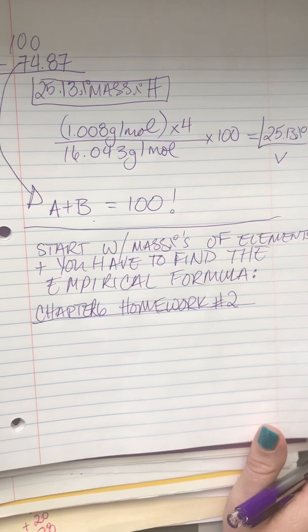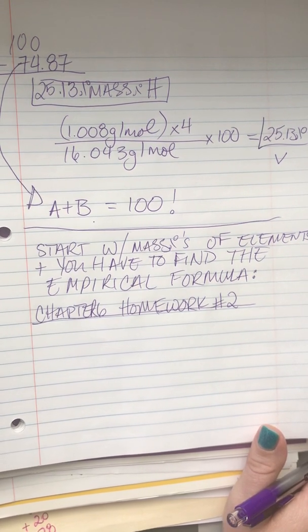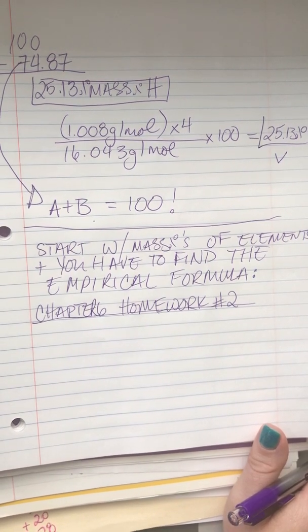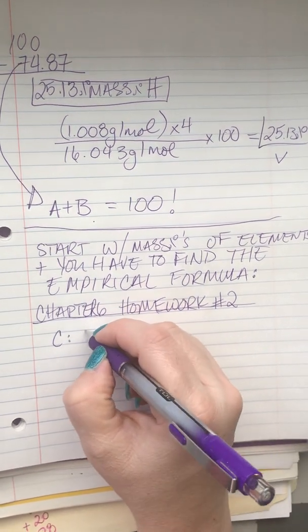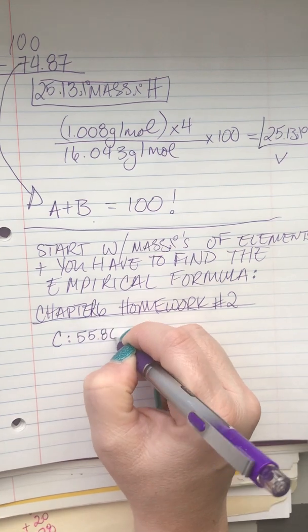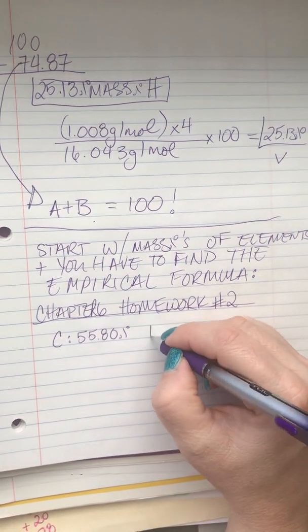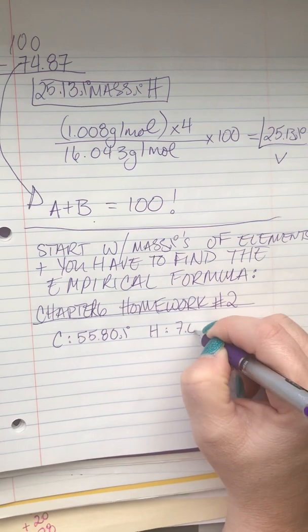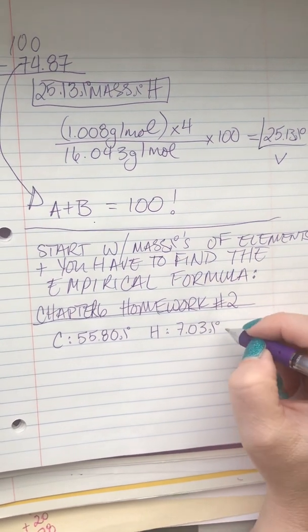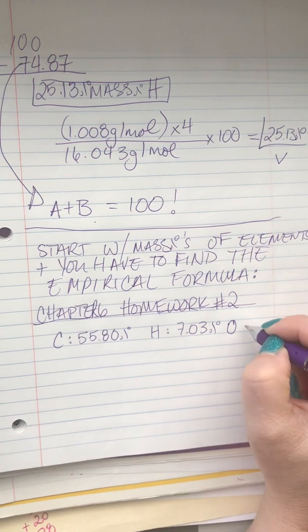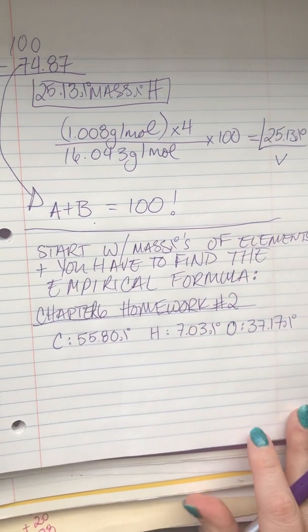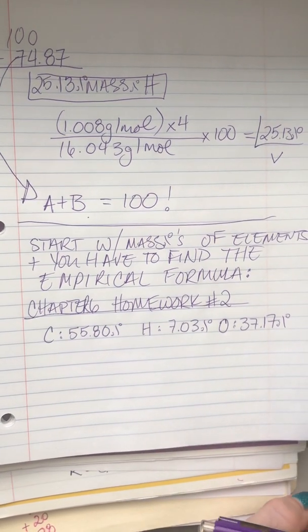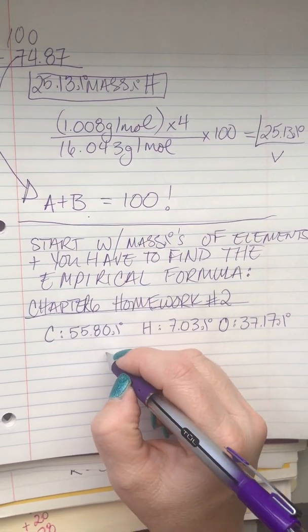Super gross. Elemental analysis of the butadiene gave the mass percent composition as carbon being 55.80%, hydrogen being 7.03%, and oxygen being 37.17%. And so the first part of the problem is asking us to find the empirical formula.